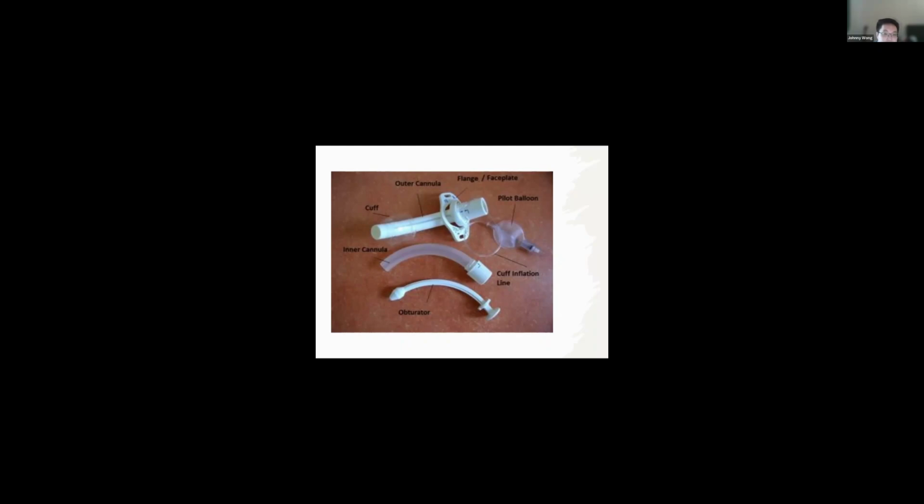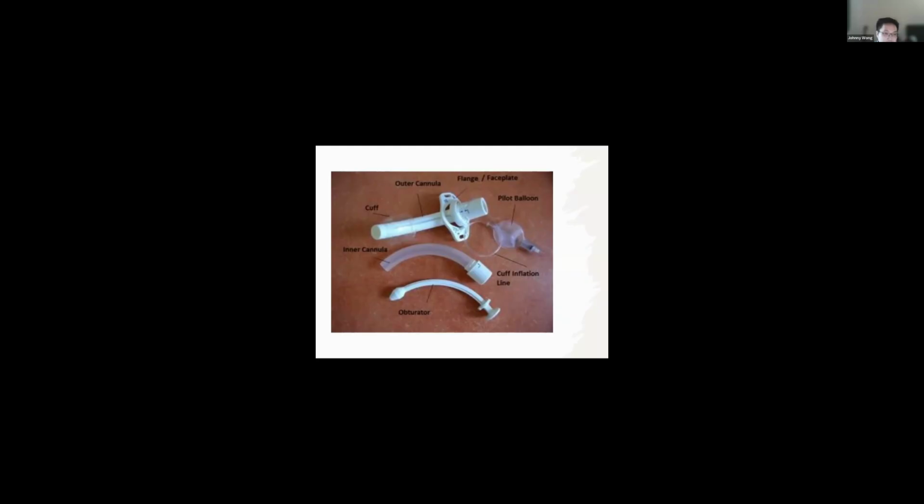The other piece that you'll see on a trach will be the faceplate, the flange. Oftentimes you'll see numbers or markers on it. It will tell us the size of the trach, and oftentimes the diameter of the inner cannula and the outer cannula. Unfortunately, there is no uniform system for the information on it, depending on the company and the makers of each trach.